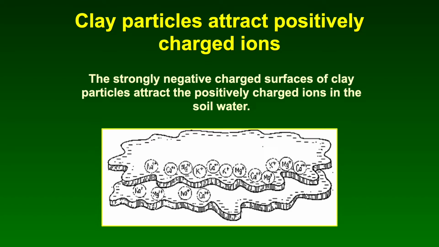Kaolinite particles only carry a weak electric charge, and so the layer of water on their surfaces is thin. However, the electrical charge on illite and montmorillonite particles is far stronger, and they lock up a lot more water.